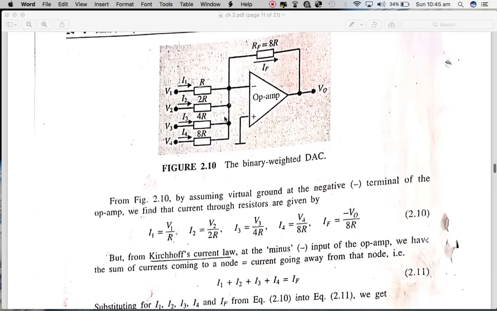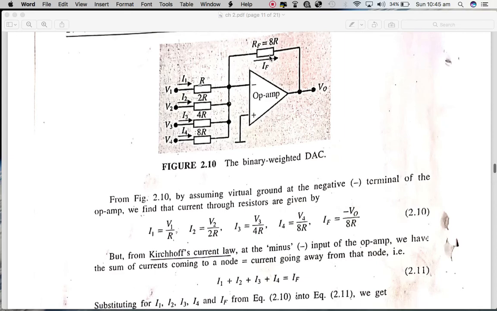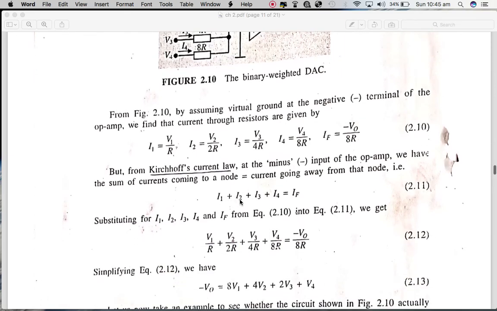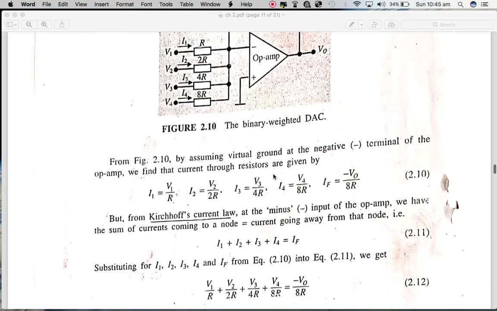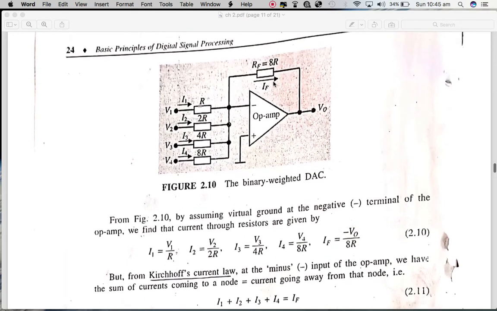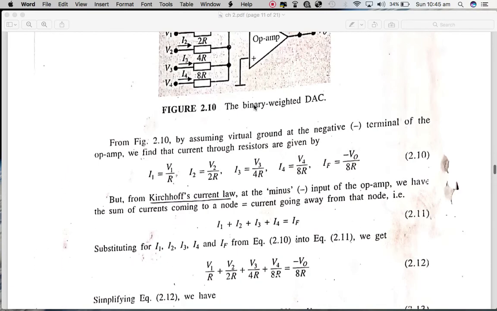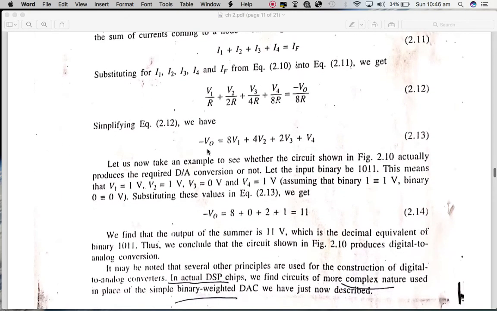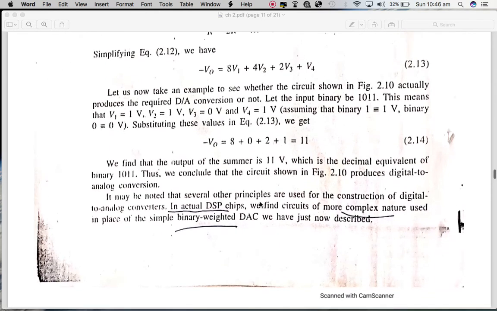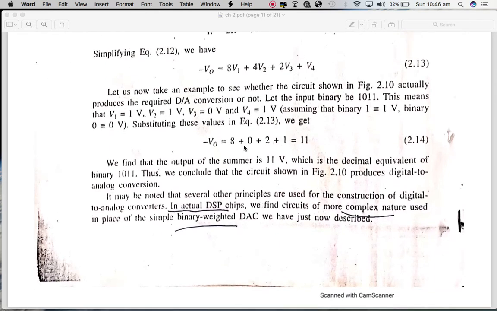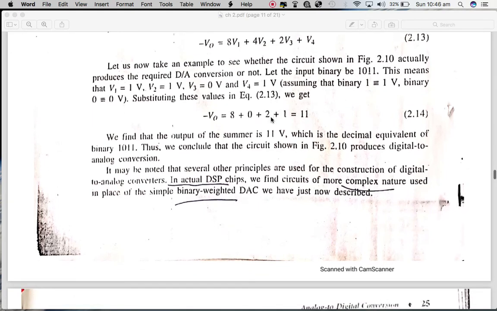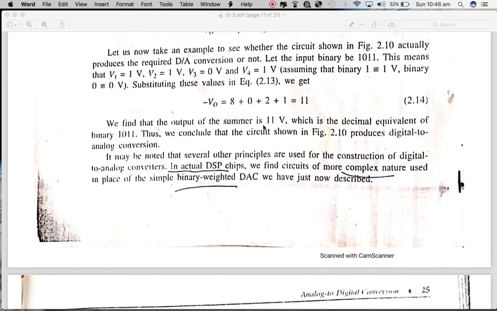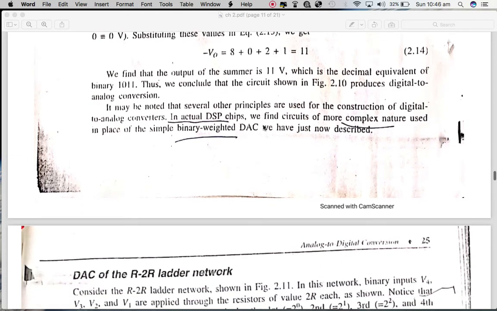So we can apply the Ohm's law formula over here and here, and we can say that I1 plus I2 plus I3 plus I4 equals IF, and we put their voltage-resistor ohmic relations over here. We can rearrange them, do the calculation, the simplification, the cancellation, and then we put the values of V1 to V4, and we can easily calculate the decimal voltage with the help of this binary weighted DAC.